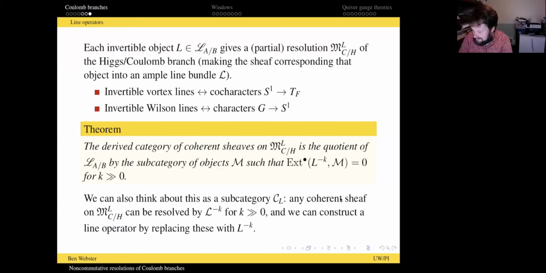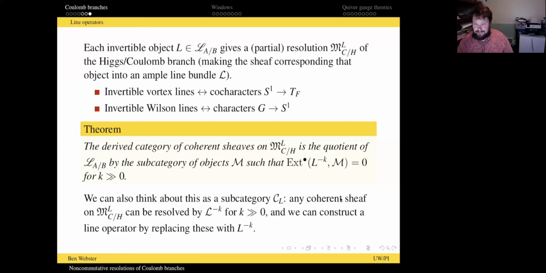Okay. Thanks. But Ben, again, you're quotienting just by things that are supported on the unstable locus. Is that correct? In the B twist, I think that's a good way to think about it. This category of line operators is bigger than the category of equivariant coherent sheaves on the zero level of the moment map.